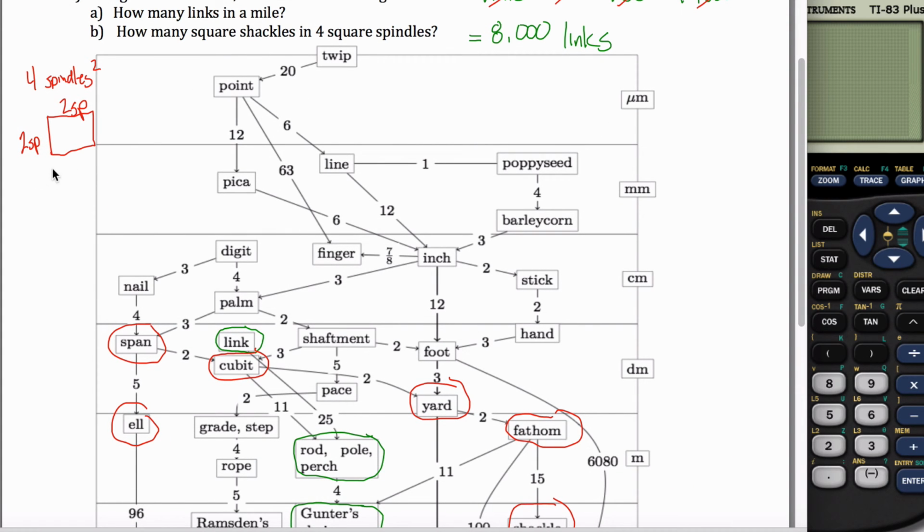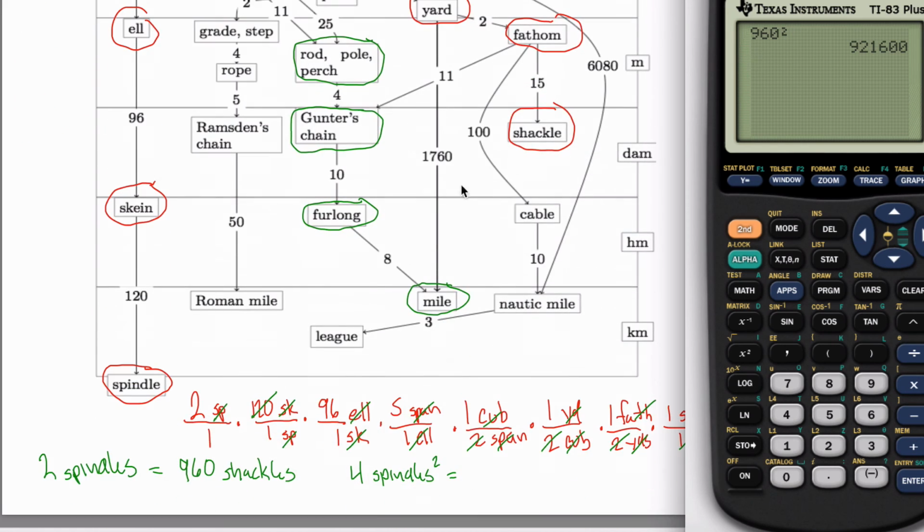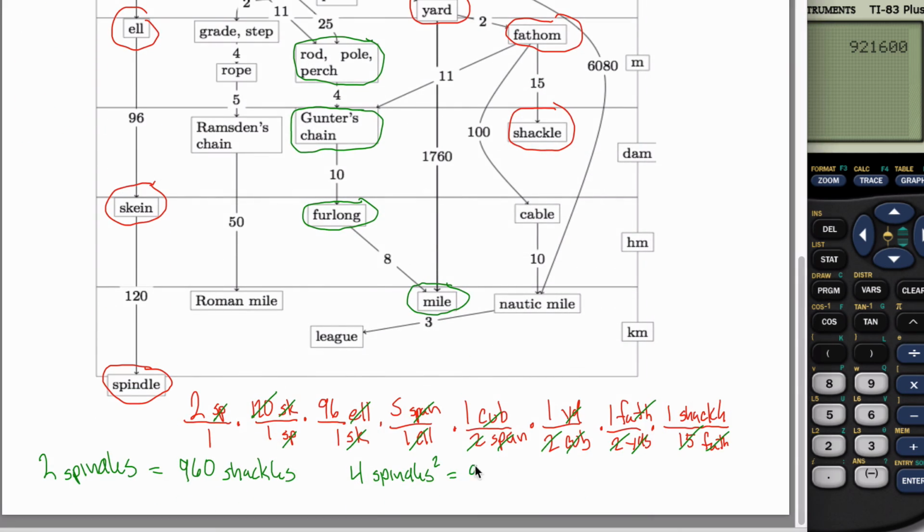So to figure out the area, I take 960 and multiply by 960, which I cannot do in my head. But that's what calculators are for. Type that in, you get that number, 921,600. I guess that would be the answer in the end of this video.